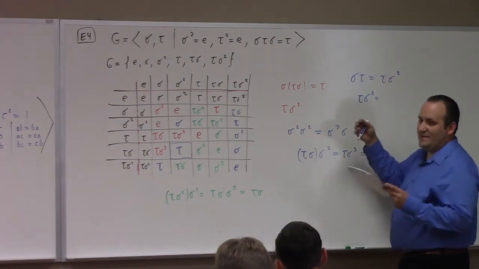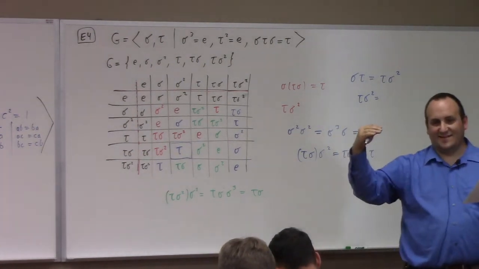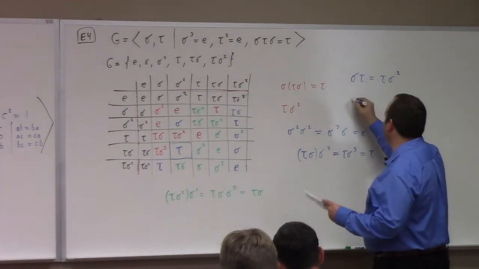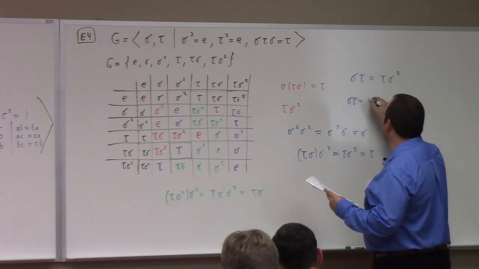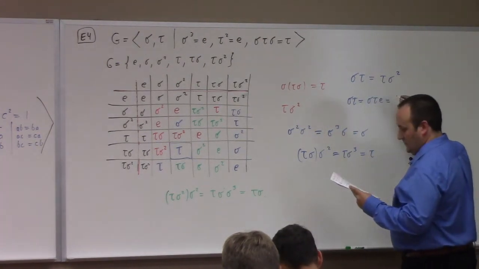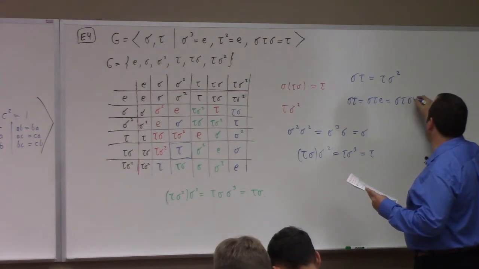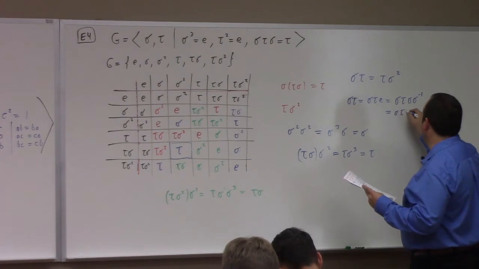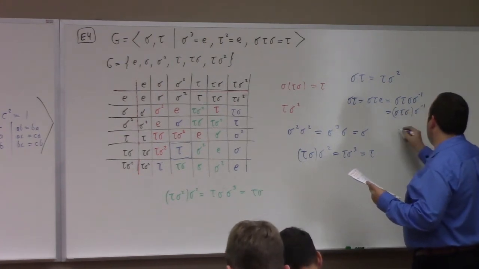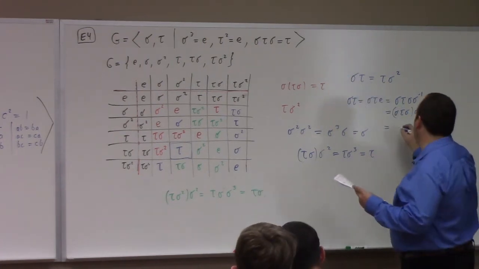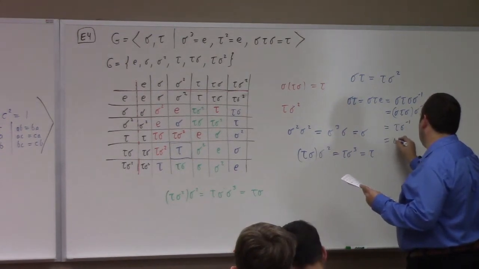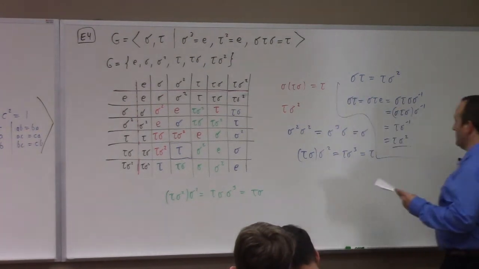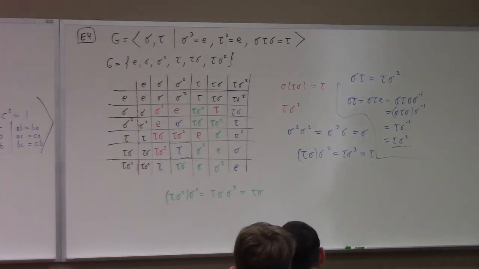In my notes, I've got it written right to left, so let me start with sigma tau. For some reason, it's easier. Sigma tau is sigma tau e, which is sigma tau sigma inverse, which is tau sigma inverse, which is tau sigma squared, which is what Sam said like 30 seconds ago.